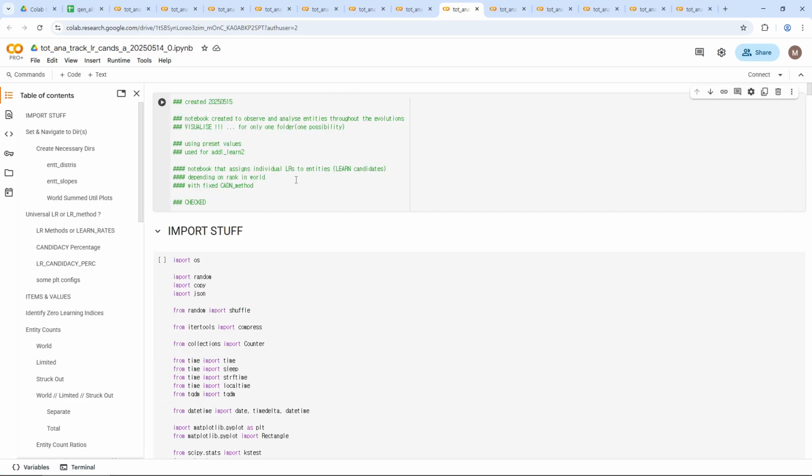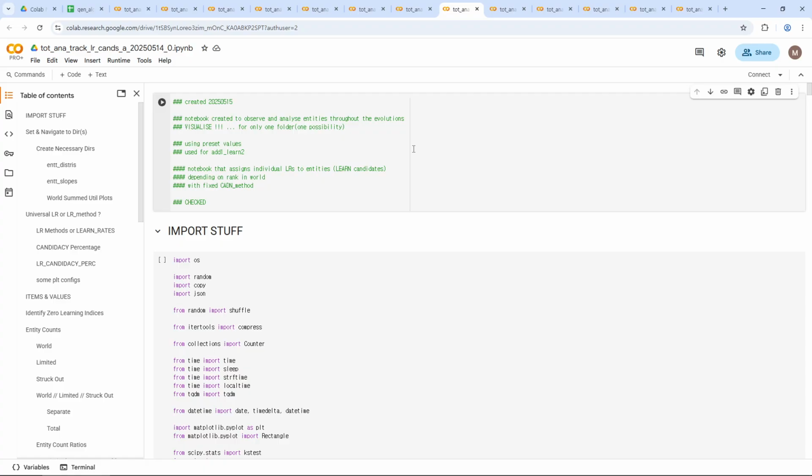Okay, on to the next set of notebooks, and this is where it's 2025-0514, and from 0 to 5, so there are 6 notebooks, and this is where each notebook uses a different learn rate method. So the first one, this one, _0, uses the proportional tail for the learn rates.